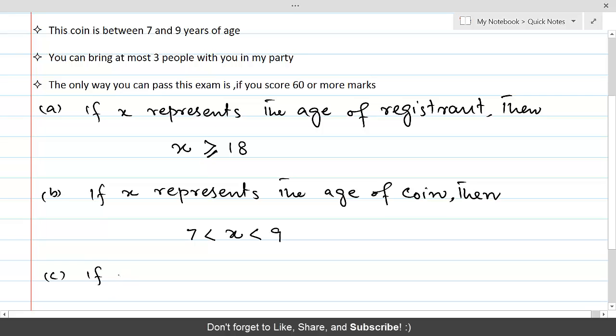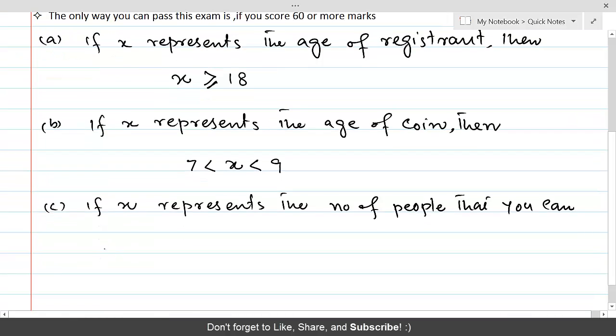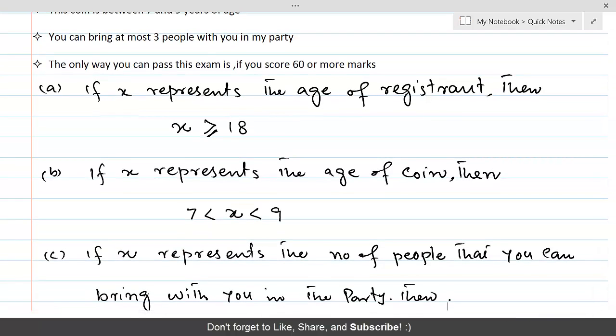If X represents the number of people that you can bring with you in the party, then how many people? At most 3 people.